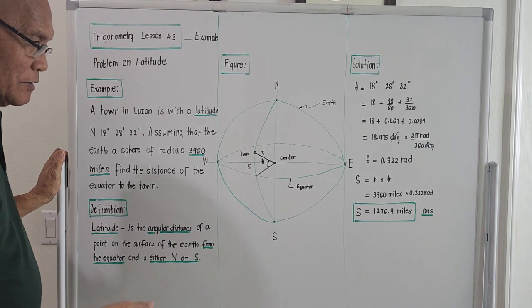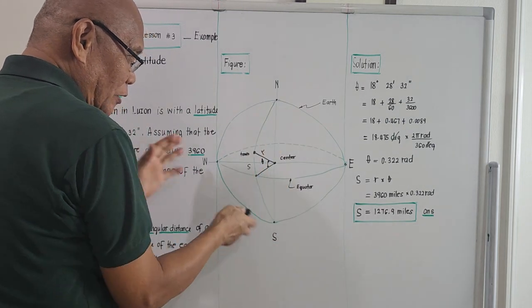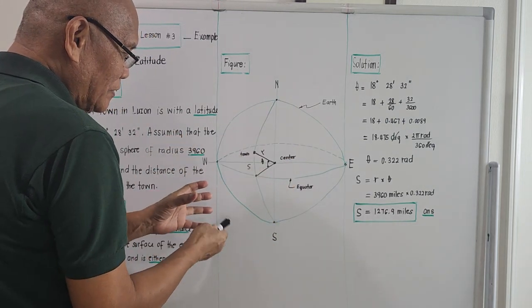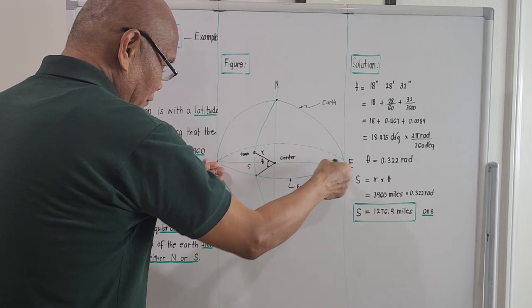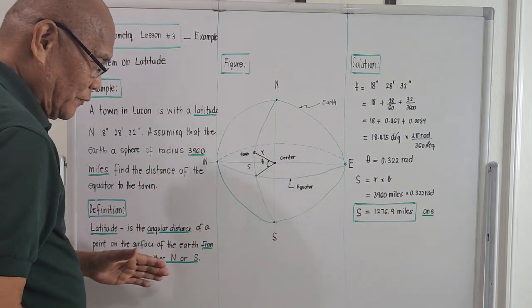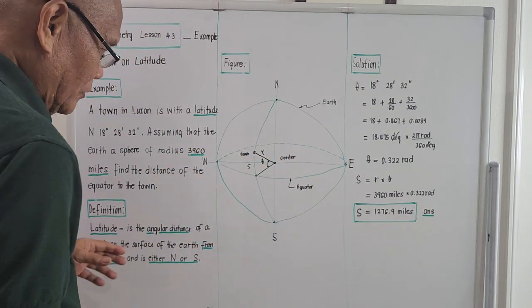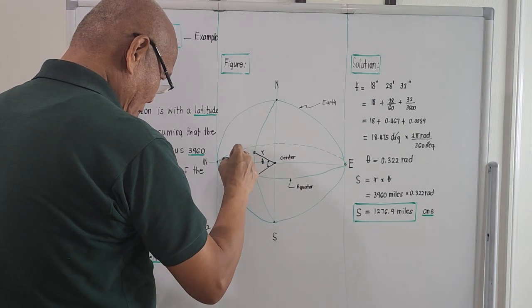Latitude is something like this. If this is our Earth, it looks like a watermelon, right? So this should be the skirt of the Earth, and this is the other side of the skirt. To plot a latitude will be something like this.